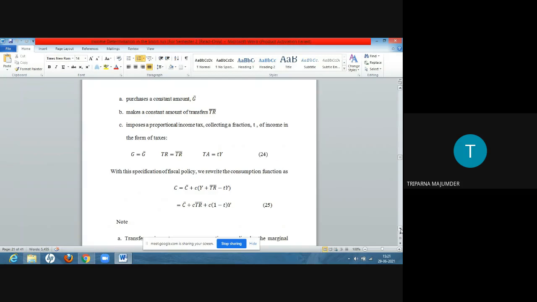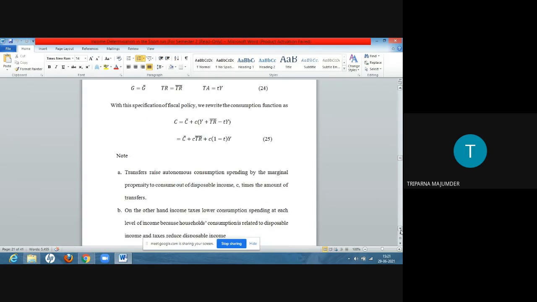With this specification of fiscal policy, we rewrite the consumption function as C is equal to C bar plus c into the disposable income. C as a function of disposable income, which if we collect terms, we get an expression as C bar plus small c into TR bar plus c into 1 minus t into Y. We have a few points to note here.